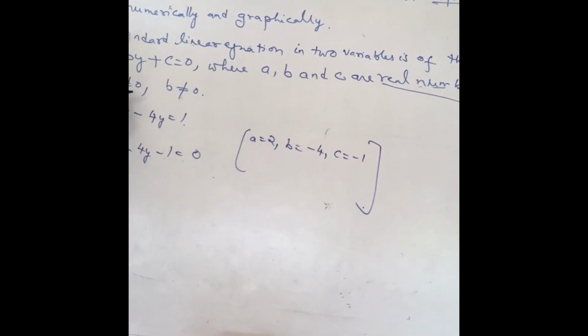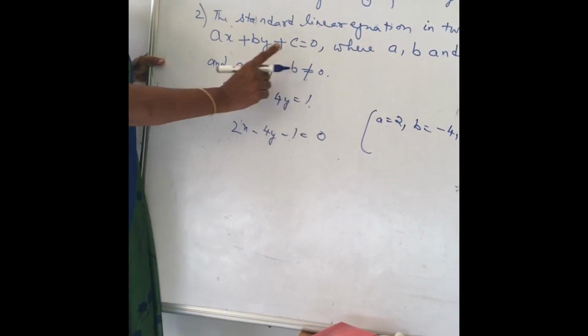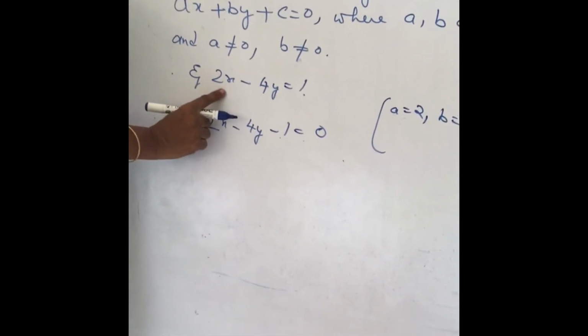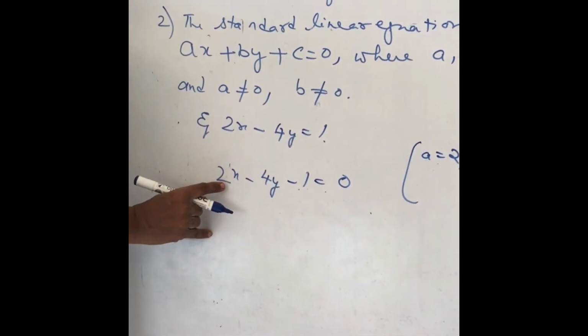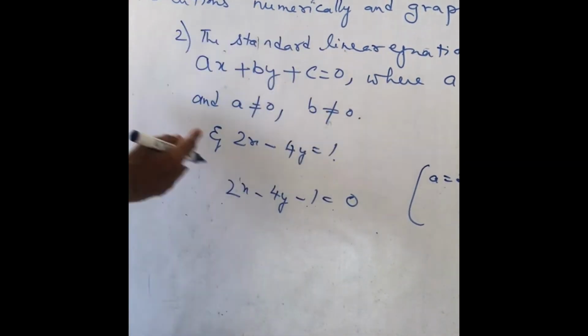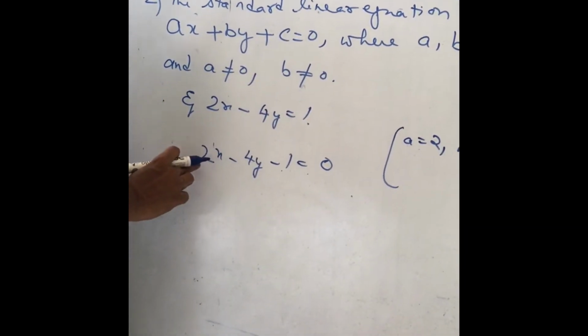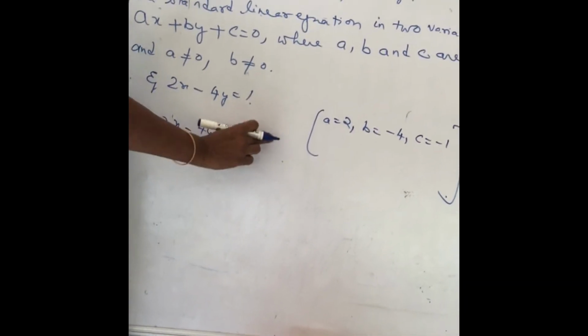But a is never equal to 0 and b is never equal to 0. For example, 2x minus 4y is equal to 1. If you want to write the standard form, children, bring all the terms to the left side: x term, y term and the constant, equated to 0.